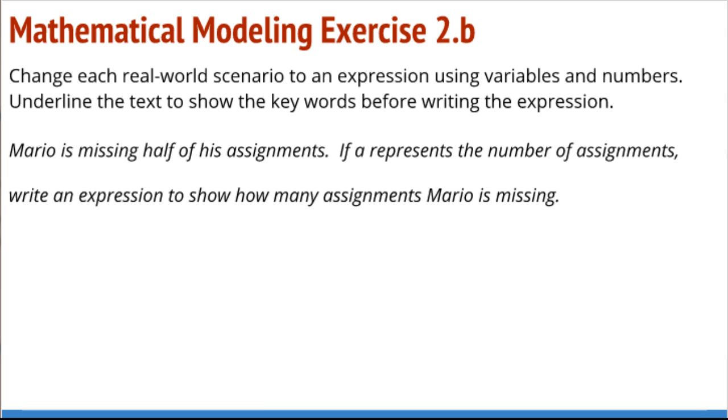All right, Mario is missing half of his assignments. Half is kind of a key word in my brain here. Tells me I've either got some kind of division going on, or I've got some kind of multiplication because it's half of. A represents the number of assignments. So here's my variable. So A is total of assignment, total number.